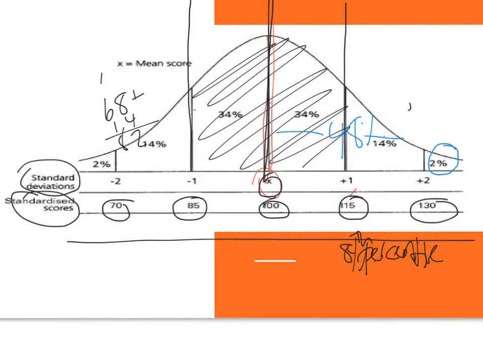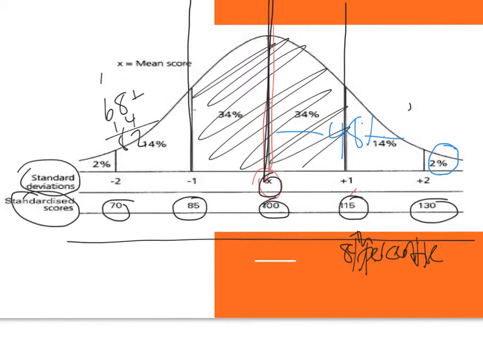So again, you have to memorize this chart, the percentages between standard deviations in a normal distribution. And one very important thing to know is how many people are within one standard deviation away from the mean. Notice I'm not saying above or below, just away from the mean.